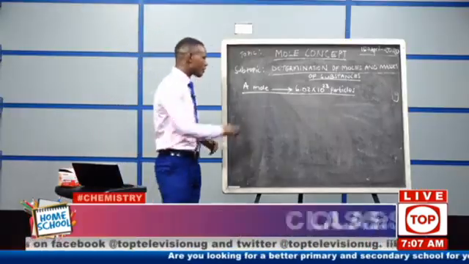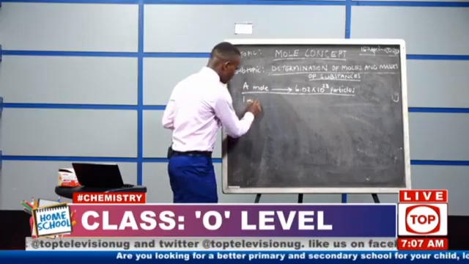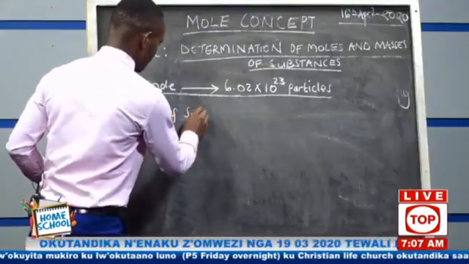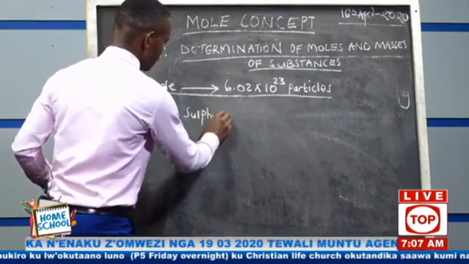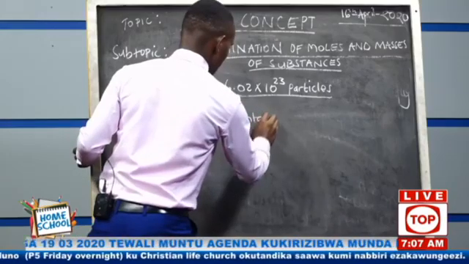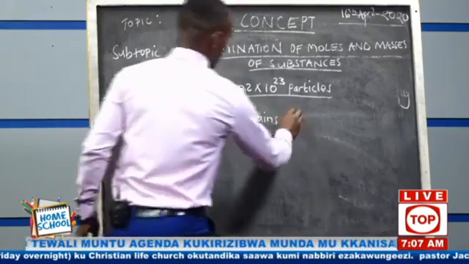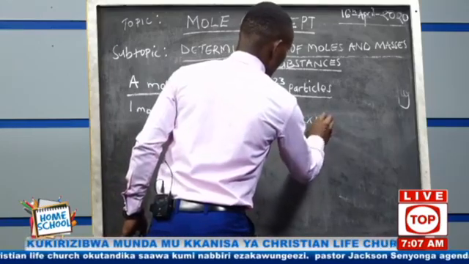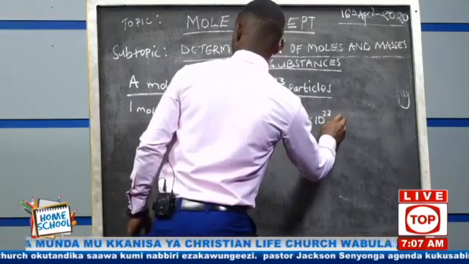Remember here, since you have one mole, for example, 1 mole of sulfur contains 6.02 times 10 power 23 atoms.